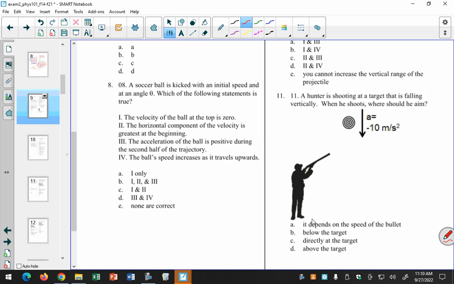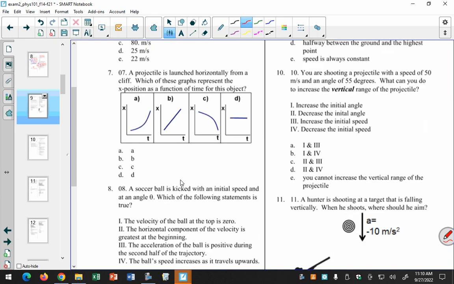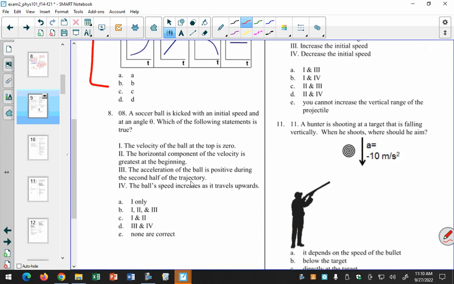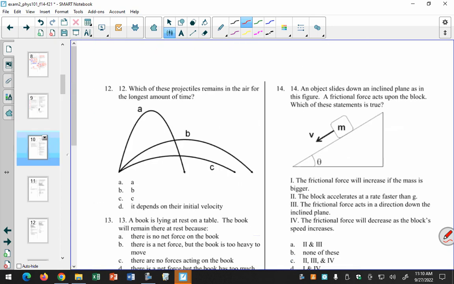But I don't know. The concept tests are useful to review. Like I said, you will see some where you have graphs, analyzing the x position, y position, x velocity or y velocity. Things about projectile motion, just where there are statements, and I ask you, are they true or not? Pretty sure there's that on there.